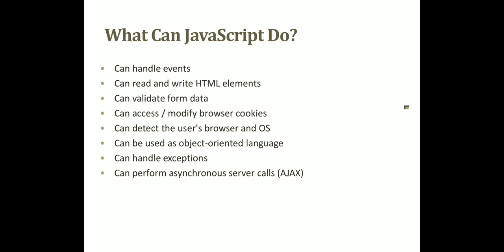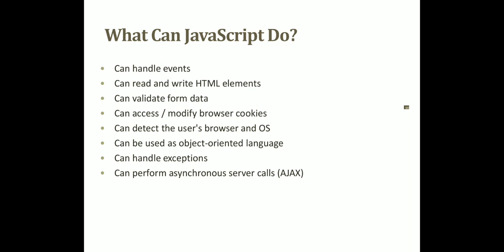So next, what can JavaScript do? It can handle events, it can also read and write HTML elements, and it can validate form data. For accessing and modifying browser cookies, you can use JavaScript. It can also detect the user's browser and operating system. Plus, it is used mostly as an object oriented language and for handling exceptions.